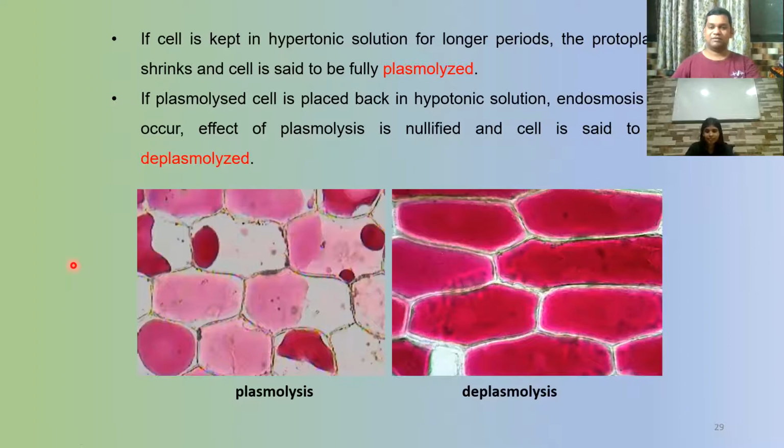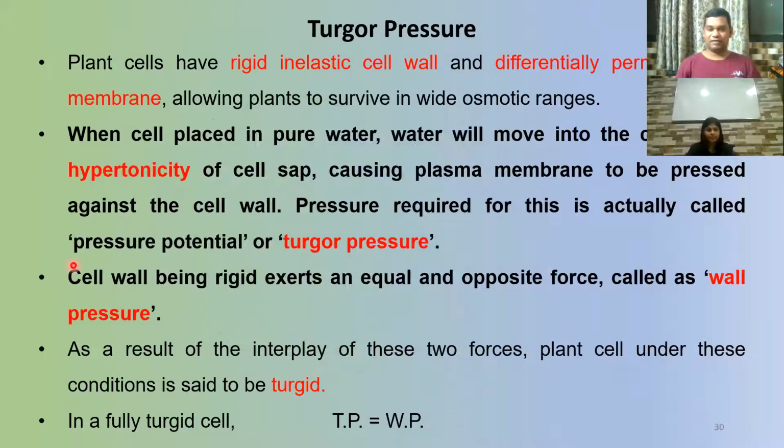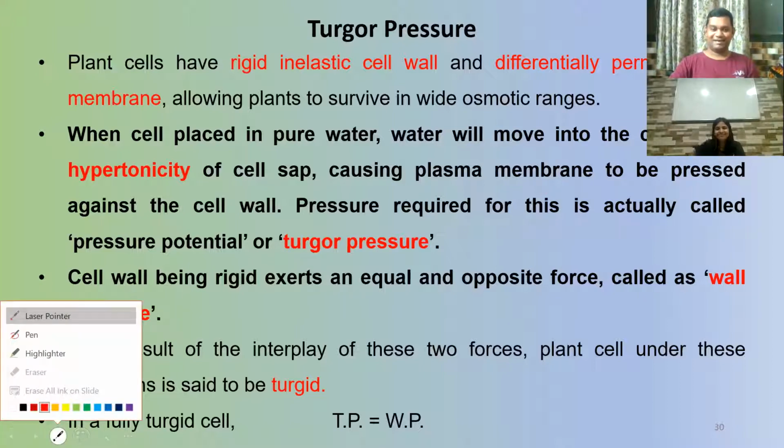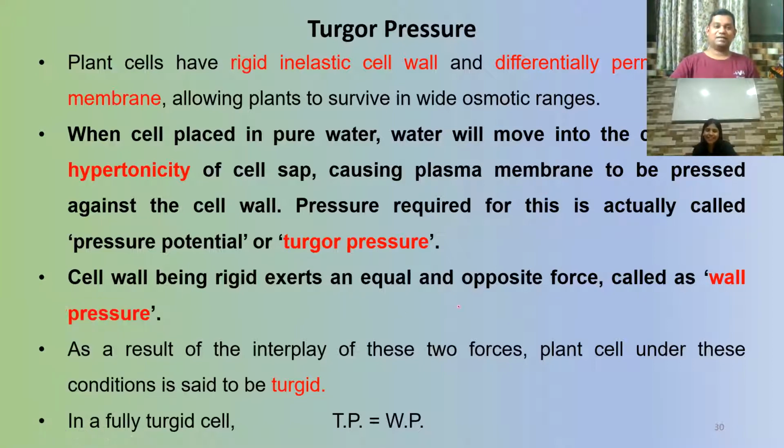Okay, so after plasmolysis and deplasmolysis, the next thing we have to understand is something called turgor pressure. What is that? Yes, we'll come to that. Turgor pressure. In short, we use the word TP. See, the basic concept about turgor pressure is that, now consider this as a plant cell, for example.